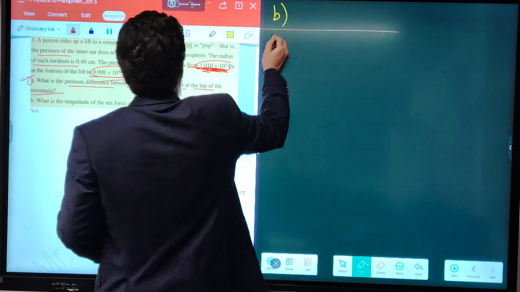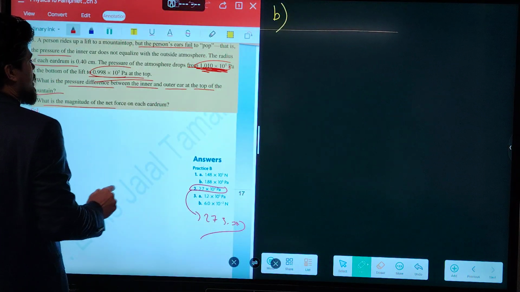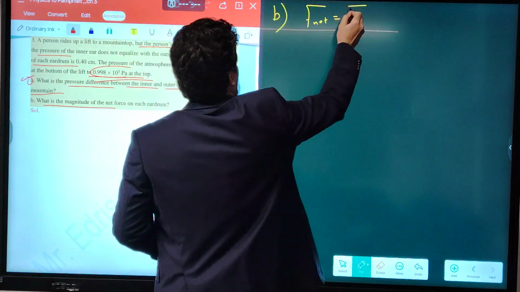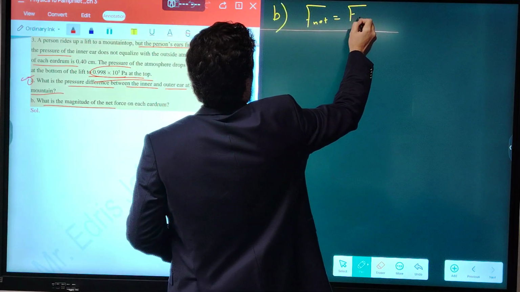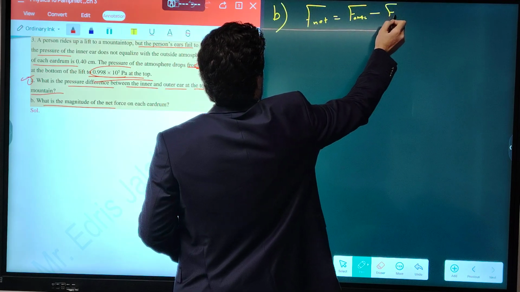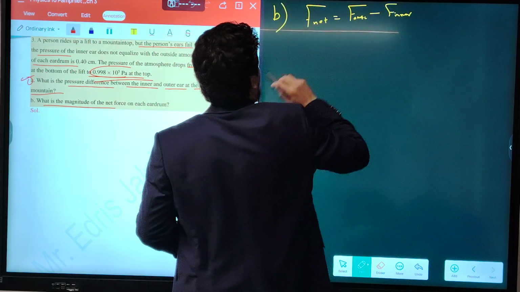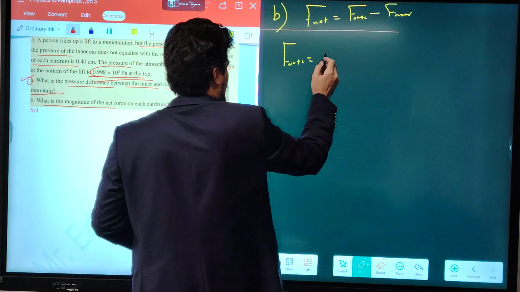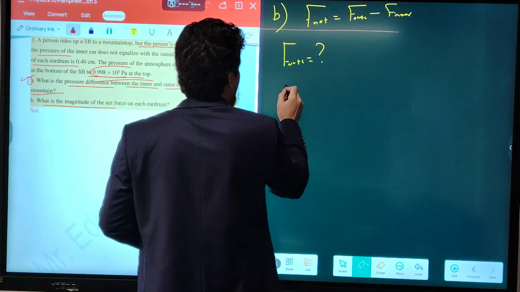Part B, what is unknown? What is the magnitude of the net force? Net force is equal to what? The force on the outer minus the force on the inner ear. The outer force is equal to what? You have to find it.